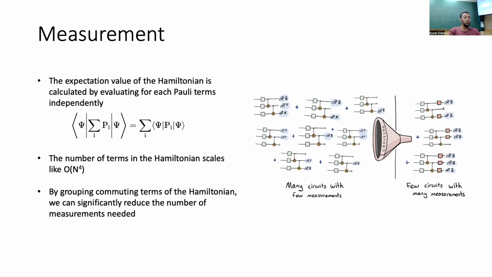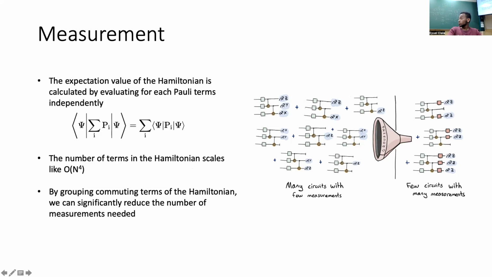Because if we have two Pauli strings that commute, which means they can be measured simultaneously, we can look for this kind of grouping strategy and reduce the total number of circuits required for the measurement, because the total Hamiltonian scales with n raised to 4.